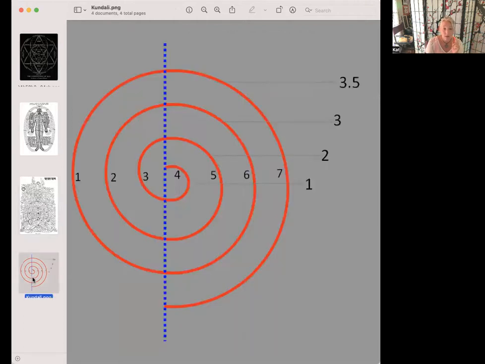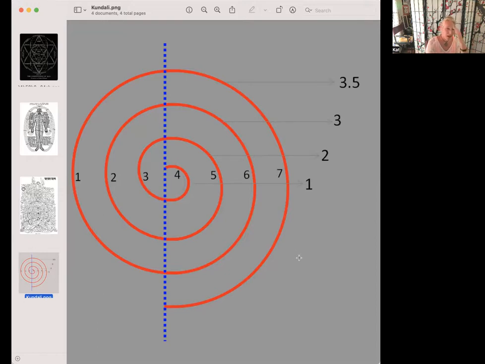Okay, but here is why the coils are said to be 3.5 times. I don't know if I could say this, but the sphere that makes up our aura, the outer sphere of us, in order, and we have 7 energy centers. And so to create a body that has 7 energy centers, a spiral will spiral 3.5 times.